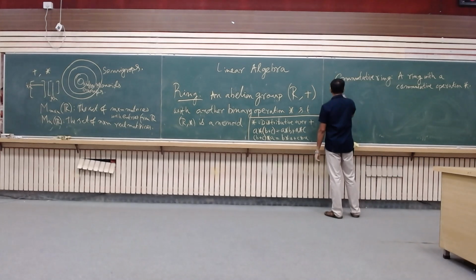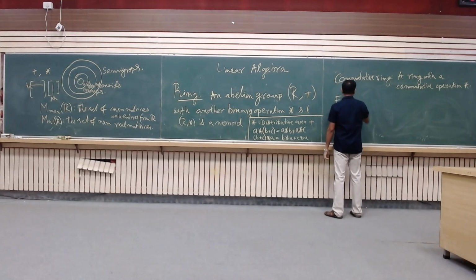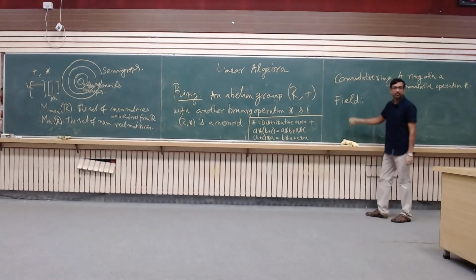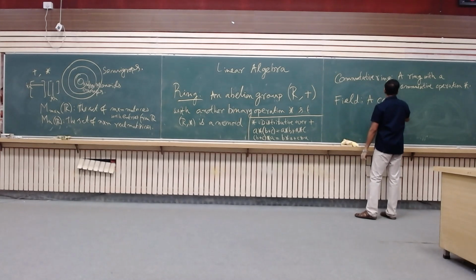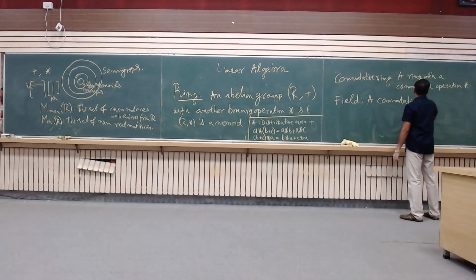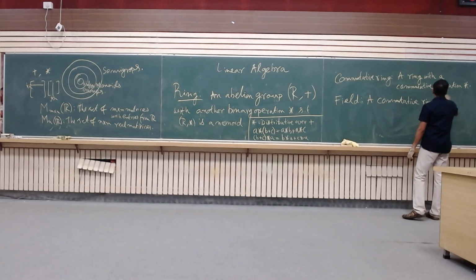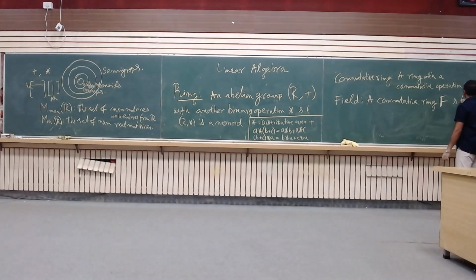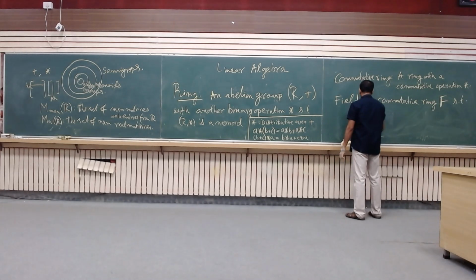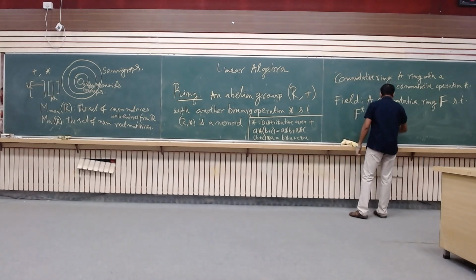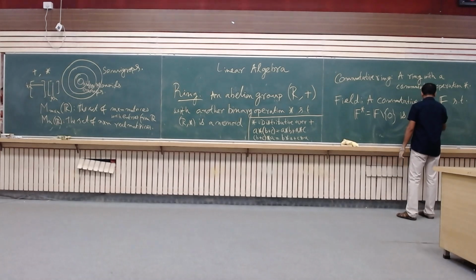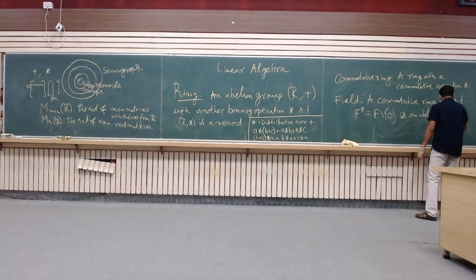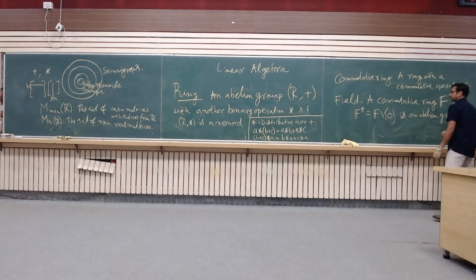And now, finally, we could define what is a field, on which we will define our vector space. So a field is a commutative ring such that F star, which is defined to be F minus 0, is a group under star, under multiplication.